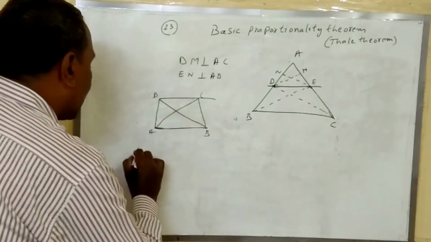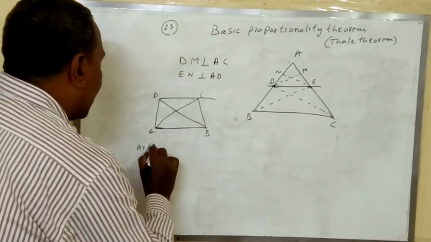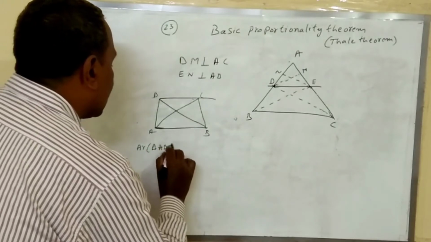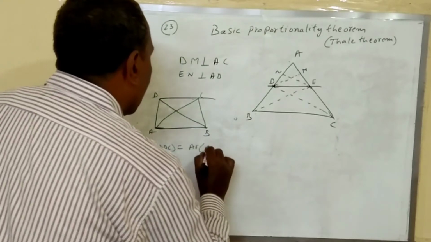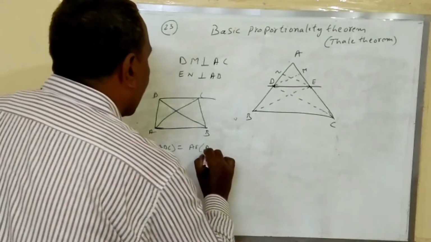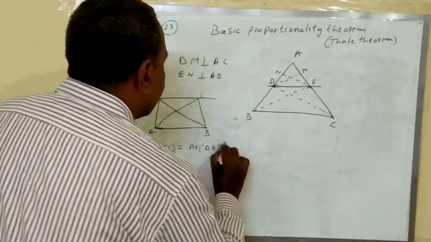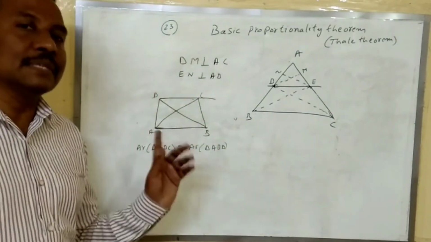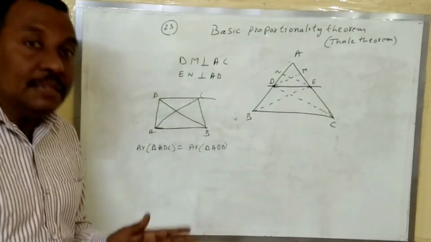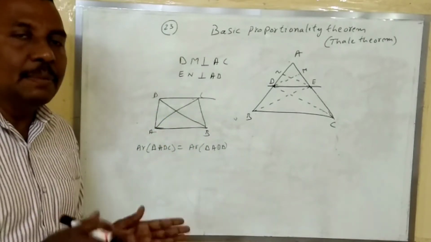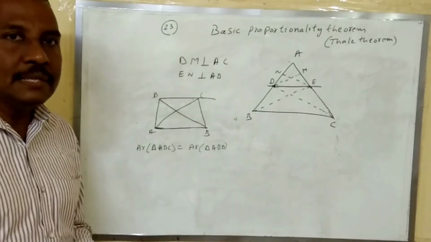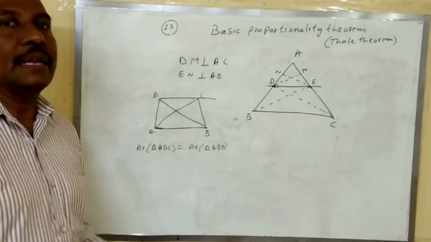So area of triangle ABC is equal to area of triangle ABD. Triangles on the same base and in between the two parallel lines always maintain equal area.